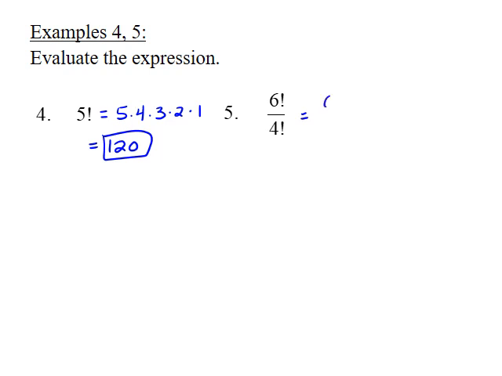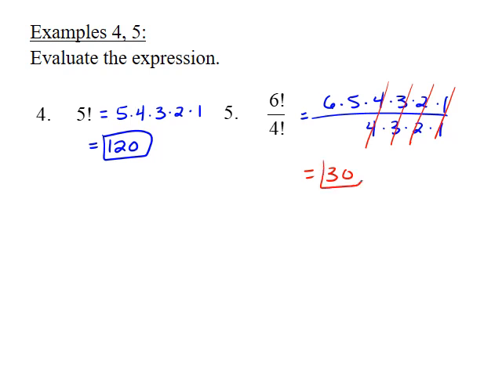We'll just write it out. 6 times 5 times 4 times 3 times 2 times 1 divided by 4 times 3 times 2 times 1. Well, you can make this pretty easy on yourself by noticing the 4's, 3's, 2's, and 1's all cancel, leaving you with 6 times 5, which is simply 30. So you can make this easier on yourself.